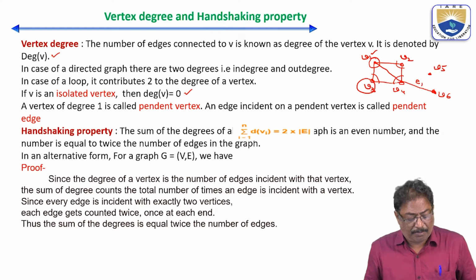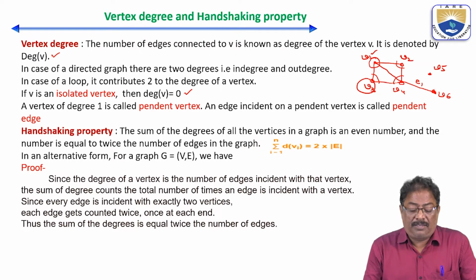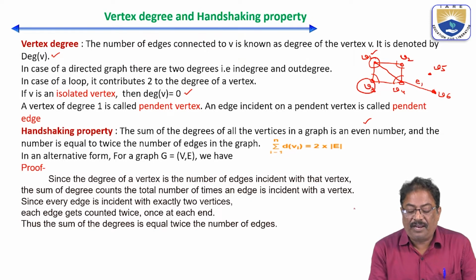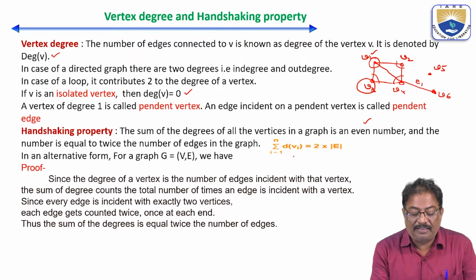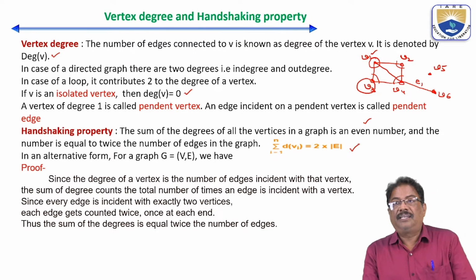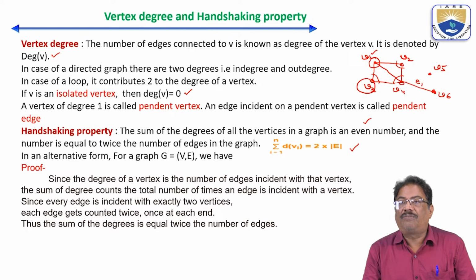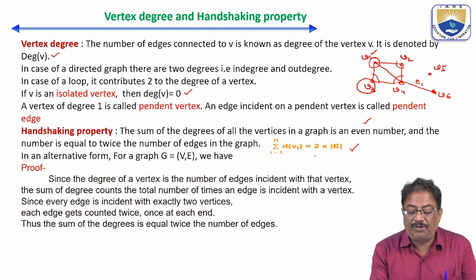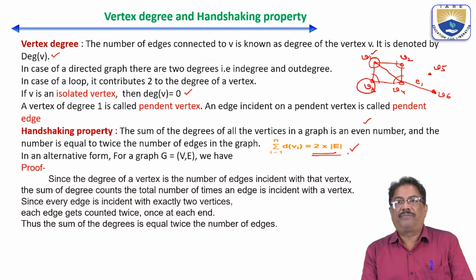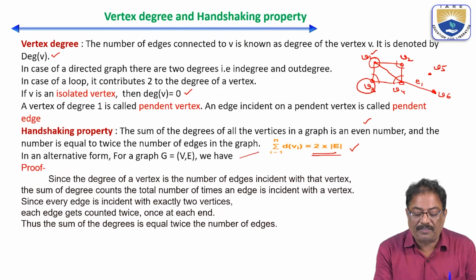That is, the sum of the degrees of all vertices in a graph must be even, and equal to twice the number of edges of the graph. We represent it like this.